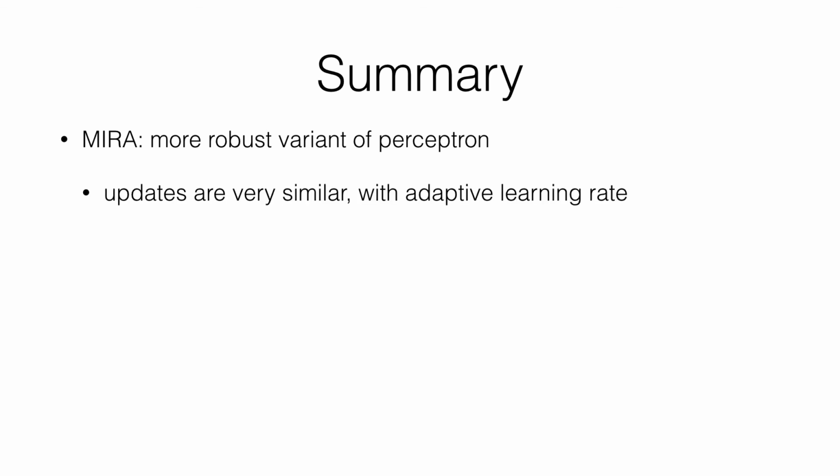Okay, so to summarize everything we talked about in this video, remember, I started with talking about MIRA, the algorithm, which is a more robust variant of perceptron. And the updates are very, very similar. When you go to implement this, the code is going to look almost exactly the same as your perceptron algorithm, except with the difference being that you're going to have an adaptive learning rate.